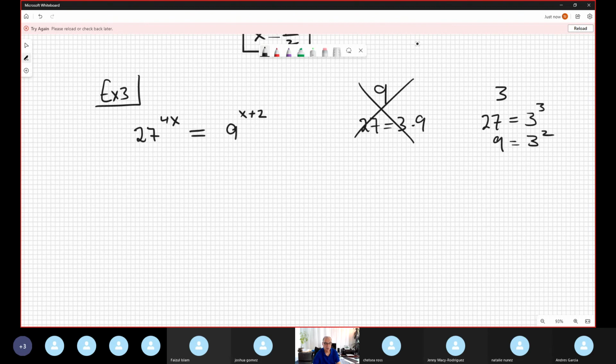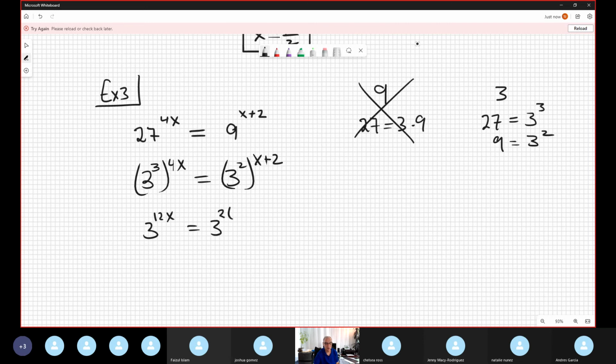It's 3. So you replace 27 with 3 to the third power, raised to the 4x, and 9 with 3 to the second power, raised to the x plus 2. No 27 anymore, no 9 anymore. Using base 3, common base, no problem. Now you apply the rule of exponents: when you have a power of a power, you multiply, so 3 to the 12x equals 3 to the 2 times (x plus 2).